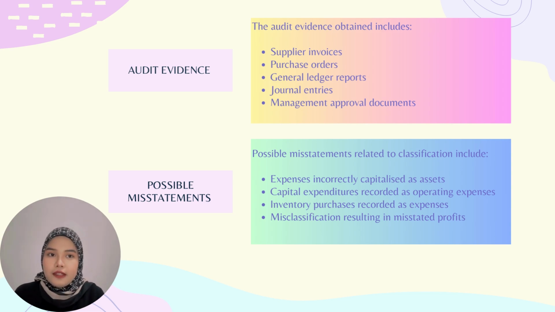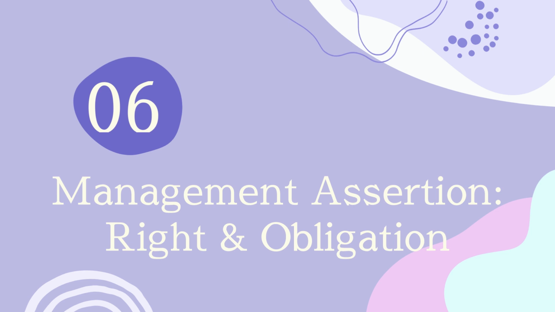The audit evidence obtained includes supplier invoices, purchase orders, journal entries, and general ledger records. Possible misstatements related to classification include expenses being capitalized as assets, capital expenditures recorded as expenses, and inventory purchases recorded incorrectly.